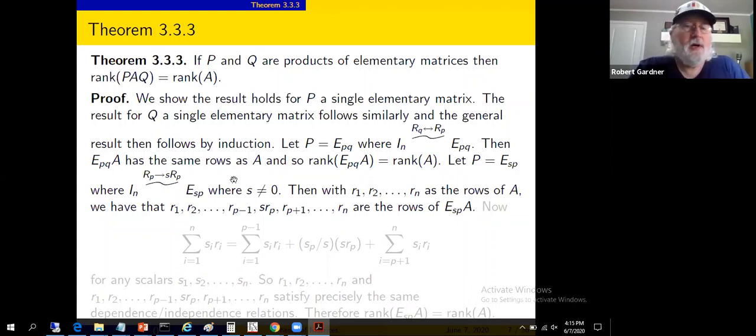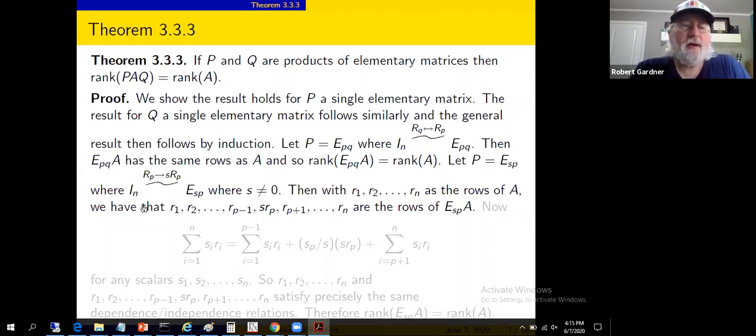So E sub PQ A has the same rows as A. So the span is the same, the dependence relationships are the same, the rows are just in a different order. So the rank of E sub PQ times A is the same as the rank of A. Same rows.